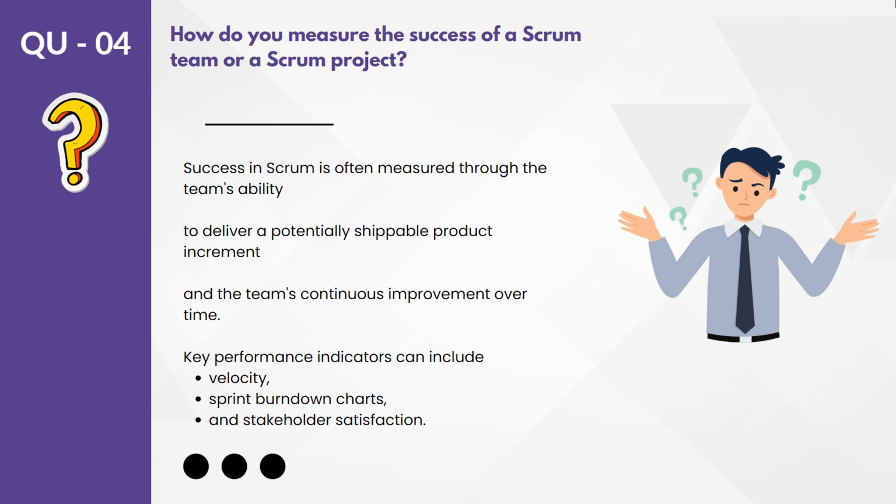Shippable product means software or an application that is in a state to be deployed in production, which can be used by the customer directly without any further amendment. And the team's continuous improvement over time. These are the two parameters used to measure team success.